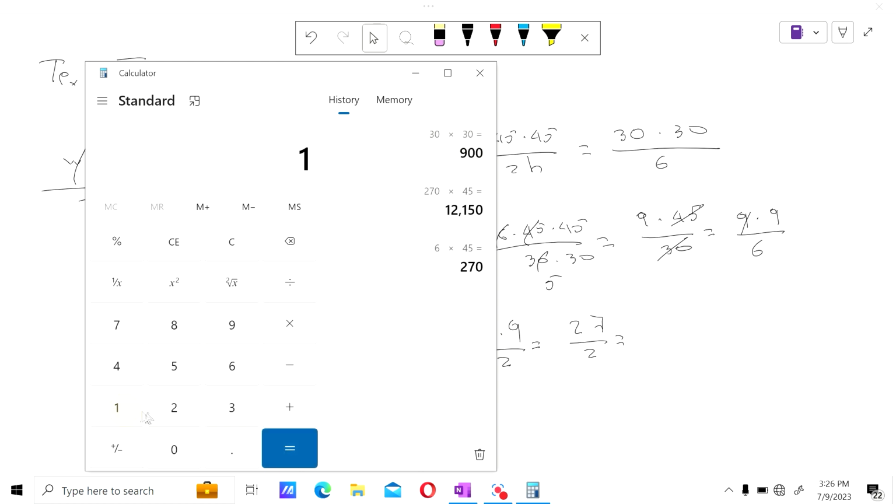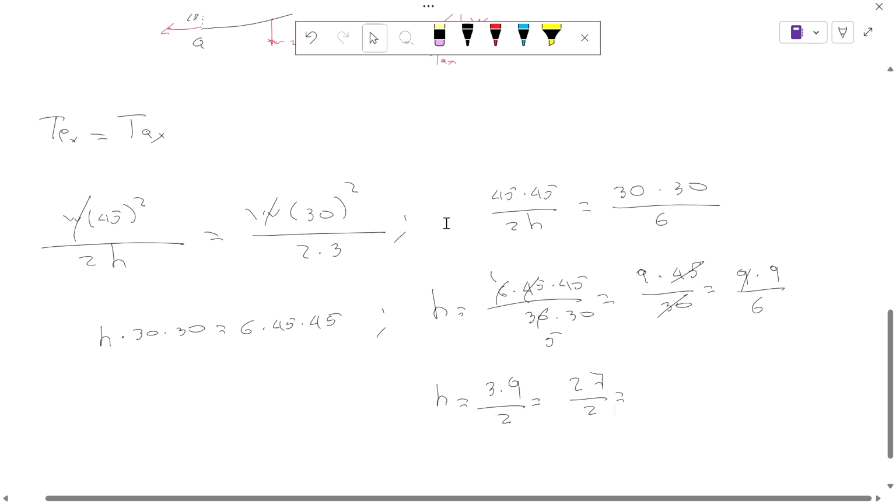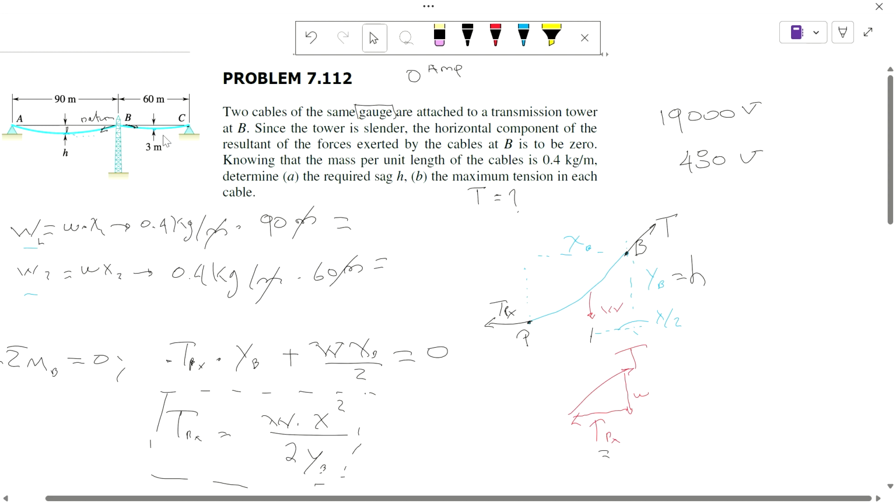So 12,150 divided by 900 equals 13.5. So why is that distance so long if it's only increasing 30 meters? Let me check. I have something wrong here. That shouldn't be more than twice. Because this is 3 meters. How is that going to be 13 if it only increased 50%?